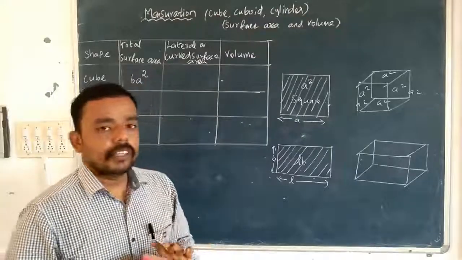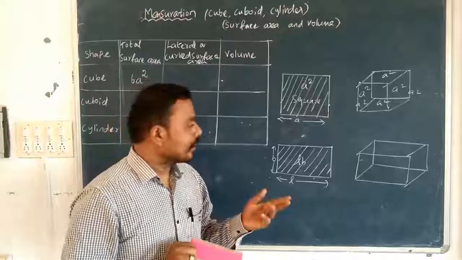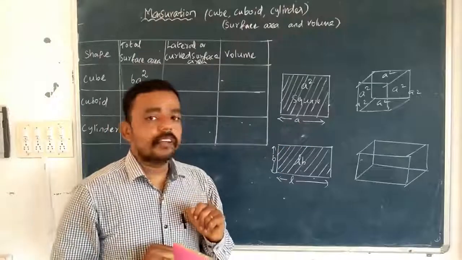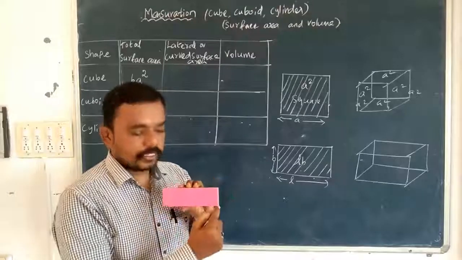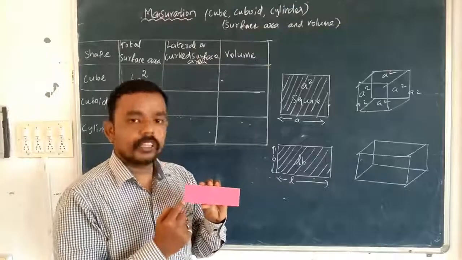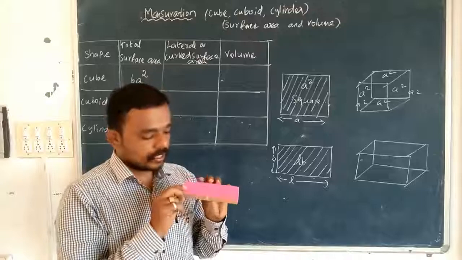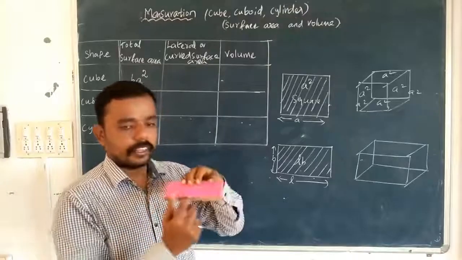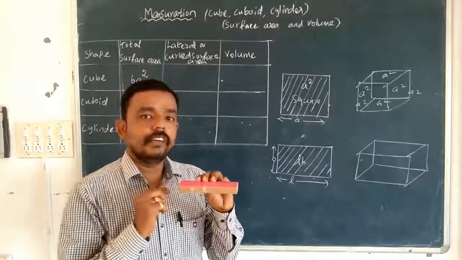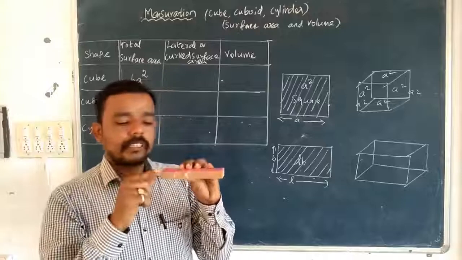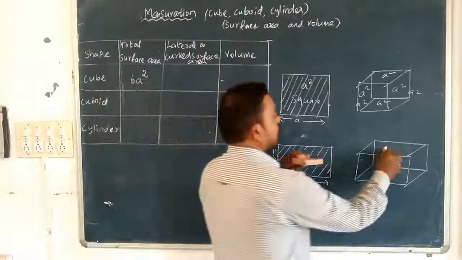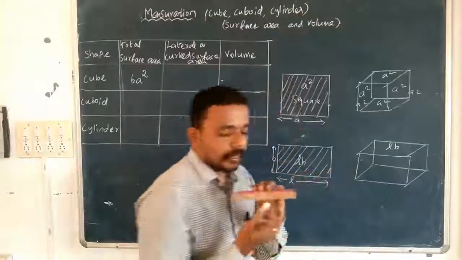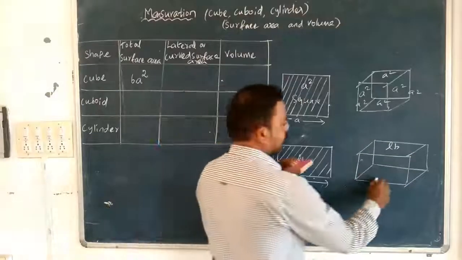In this cuboid, we need to write the area of each side. Suppose this one is L, this one is B. Top view is length into breadth, LB. Top view LB, and bottom view also LB.